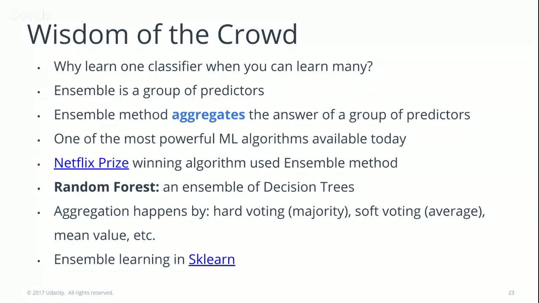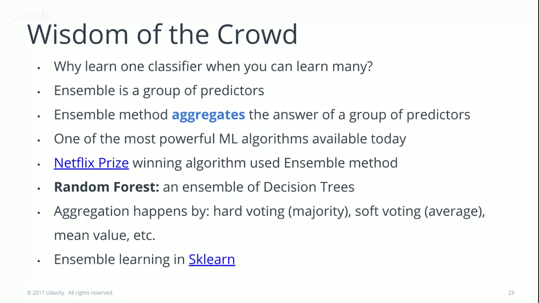Now, there are many ways you can handle aggregation. It could either be hard voting, which is where you take the majority vote. So if you have 10 ensemble methods, all trying to perform a binary classification, and 6 of them vote one way and 4 of them vote the other way, by using hard voting, you go with the 6.